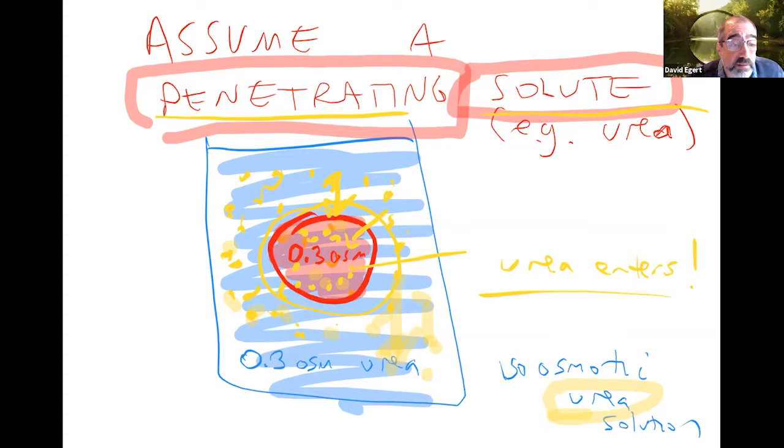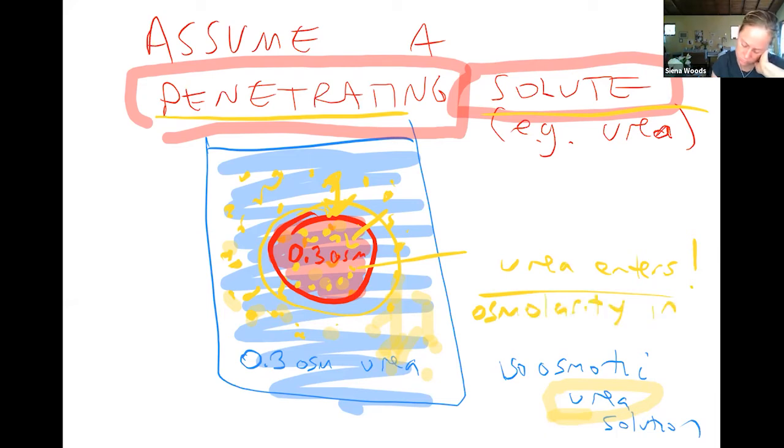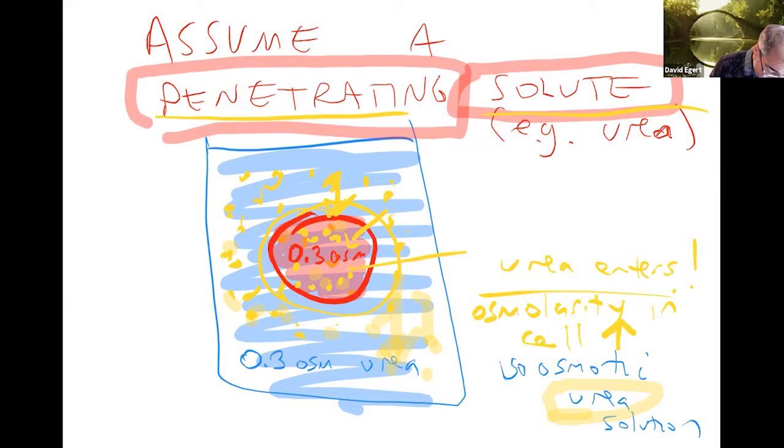What's going to happen to the osmolarity inside that cell as I start adding more solute in addition to what's already in there? It's going to go up. So now all of a sudden I have a higher osmolarity in here, maybe going up to 0.4 or 0.5, whatever. It's still 0.3 out here.